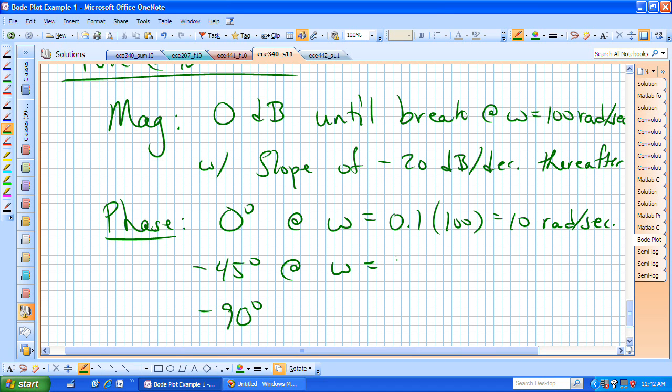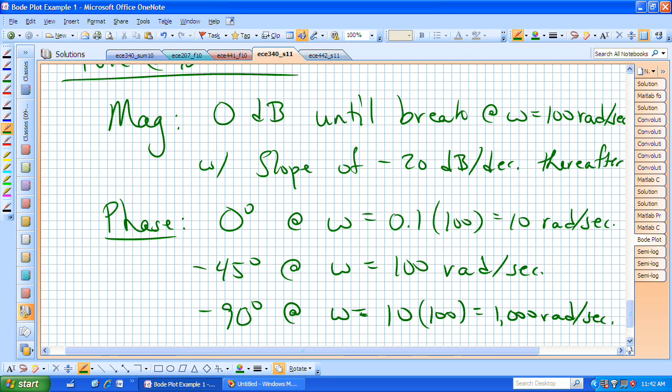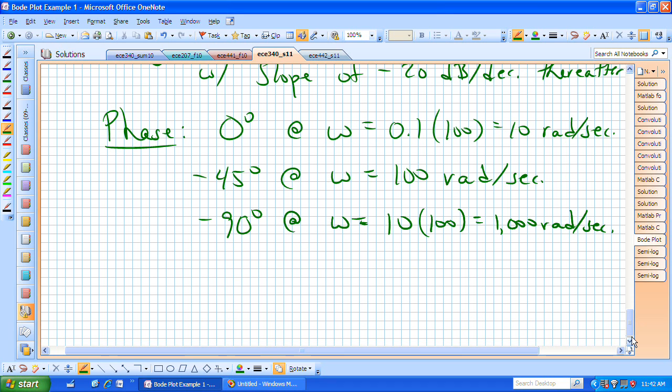Right at the break frequency, or 100 radians per second, it will be contributing minus 45 degrees of phase. And by the time we get a decade above or beyond the break frequency, or at 1,000 radians per second, this particular factor will be contributing all of its phase amount, which is minus 90 degrees.